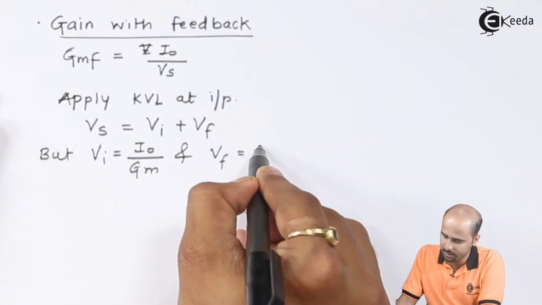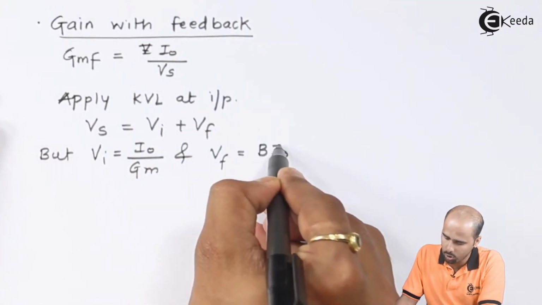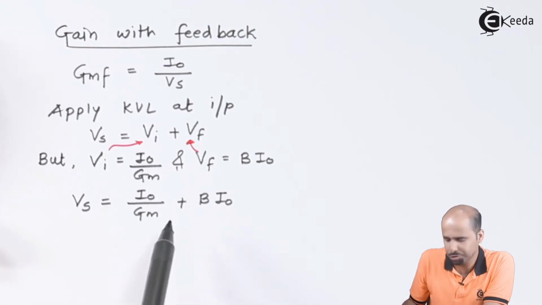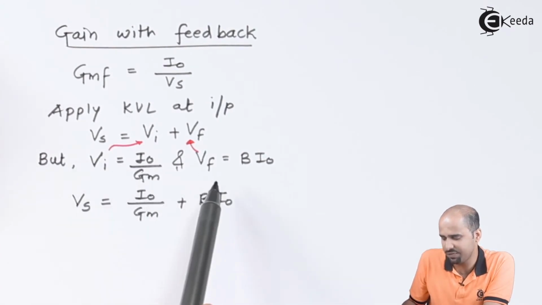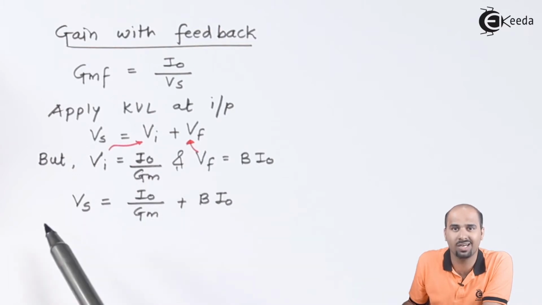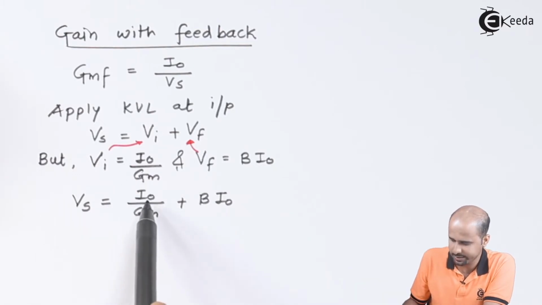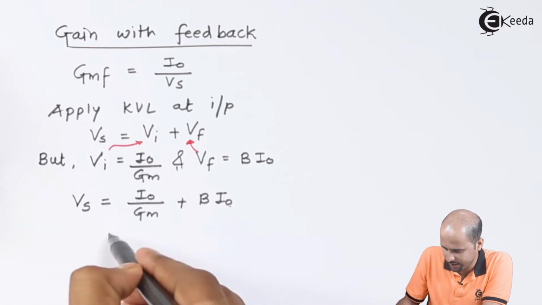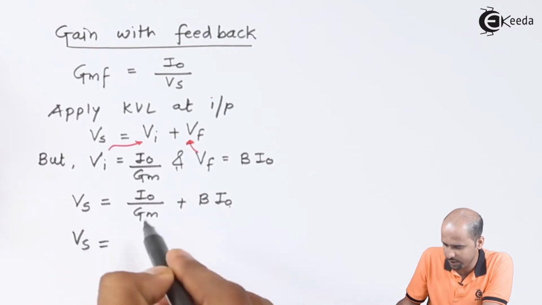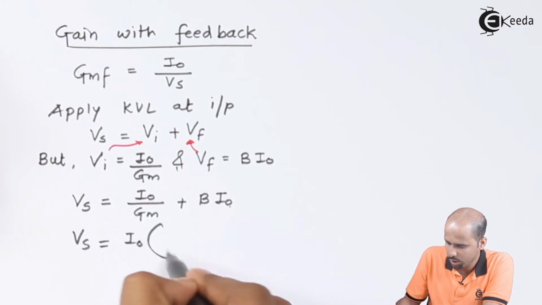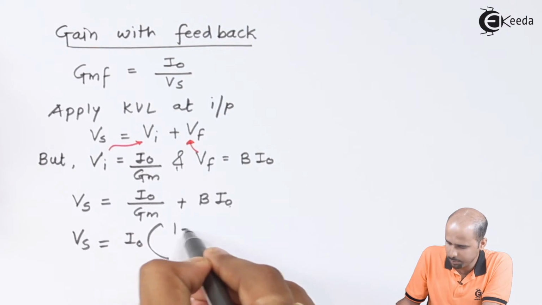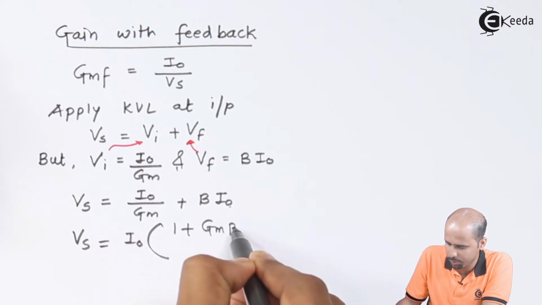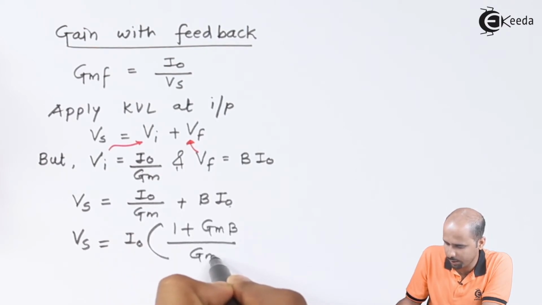Since Vi and Vf are both in the form of current IO, I can take IO outside: Vs is equal to IO into 1 plus GM into B divided by GM.